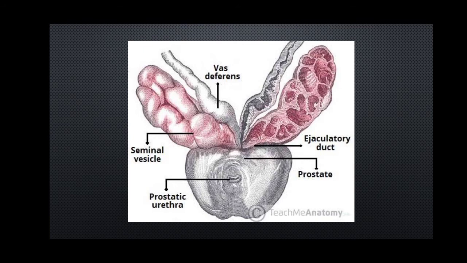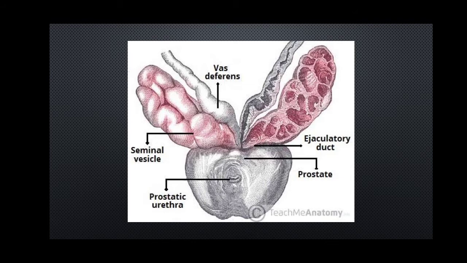The seminal vesicle secretes the seminal fluid, which is the fluid part. The final secretion is called the semen. It is comprised of the sperms and the seminal fluid, and around 80% of the entire seminal fluid is composed of materials that are secreted by the seminal vesicle.